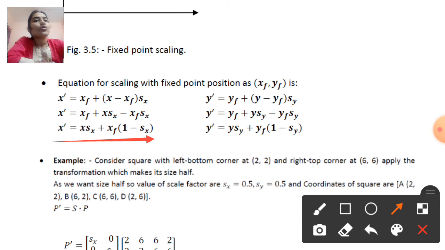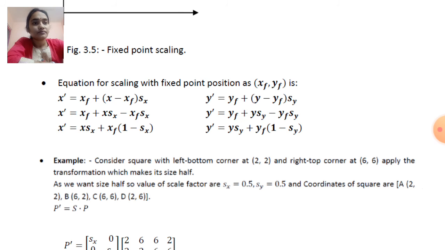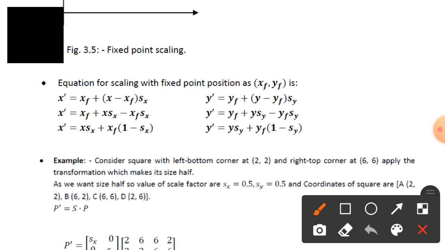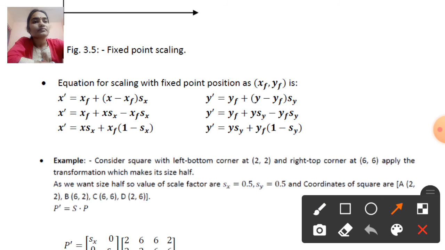y dash equals yf plus (y minus yf) into sy. That means after multiplying sy with y minus yf, we get these terms. Then we take yf common, and we find y dash is y sy plus yf into (1 minus sy).